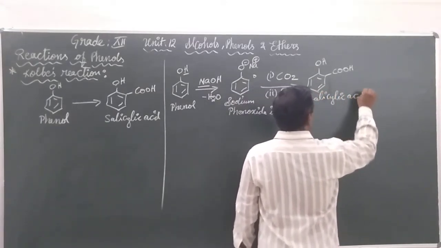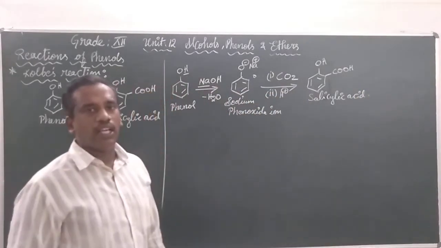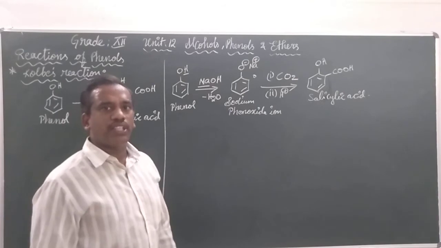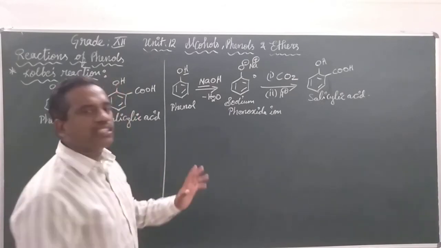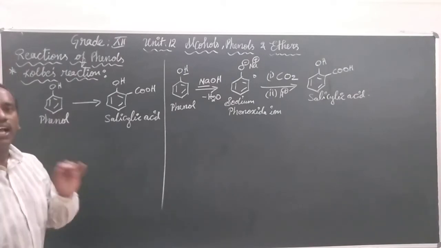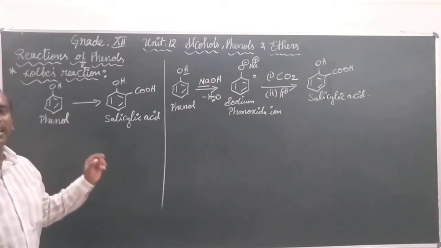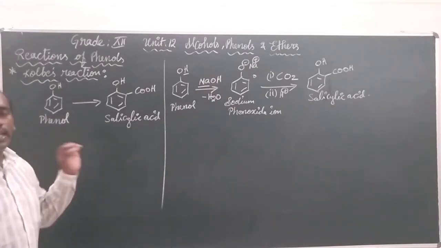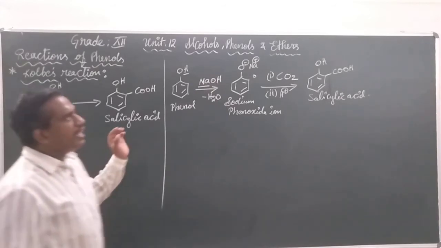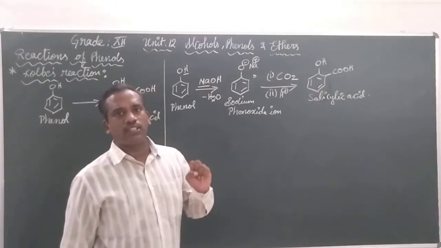For any board examinations, that is CBSE or the Karnataka board, if they ask you the Kolbe's reaction, the main concept is to prepare salicylic acid from the phenol, and these are the steps that we carry out in a direct process.